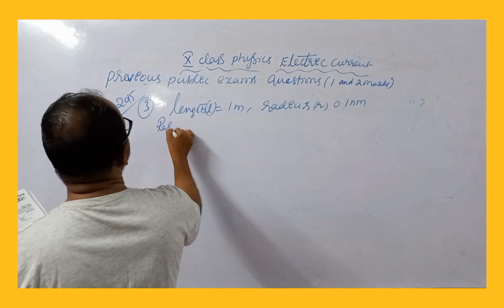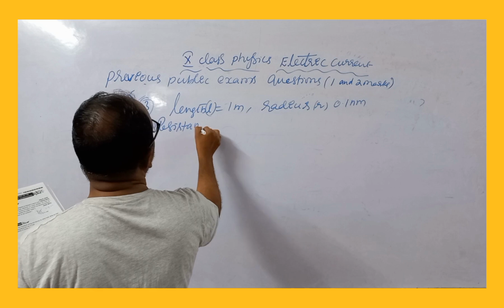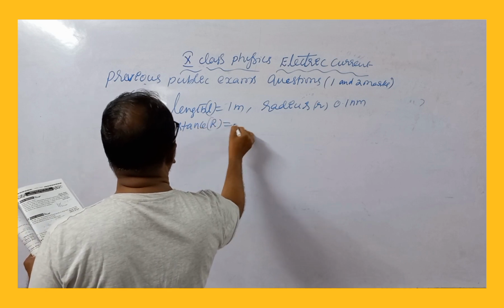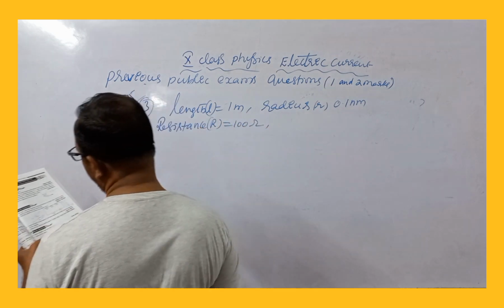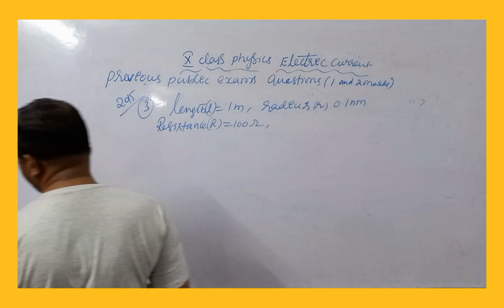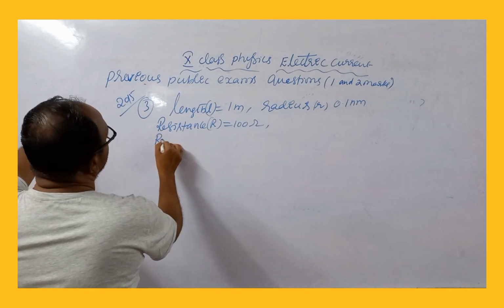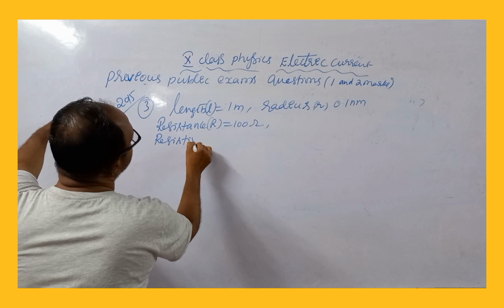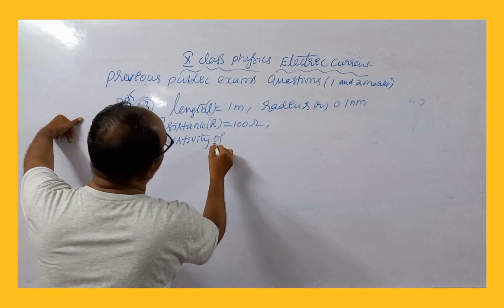And resistance of the wire is given, capital R is 100 ohms. So we want to find resistivity of the material.